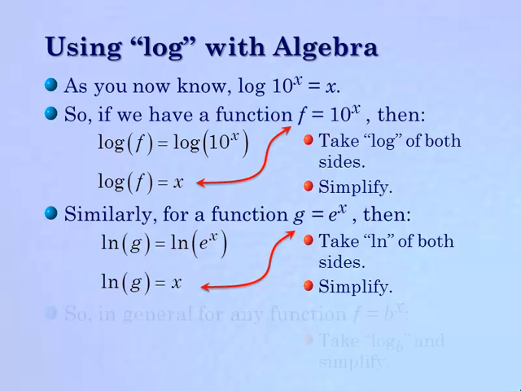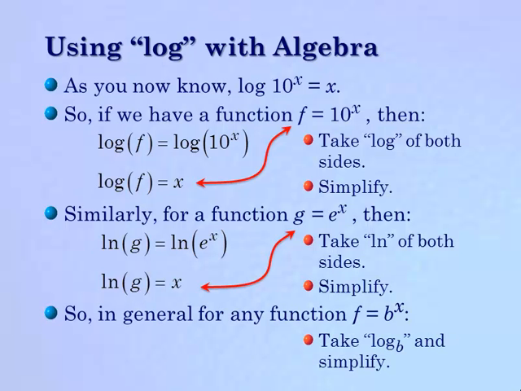So in general, for any function f that's equal to b to the x for any base, then we can put the log base b of that function f, and that'll equal x. So that's a powerful thing to remember there. So you might want to take note of that and circle that in your textbook.